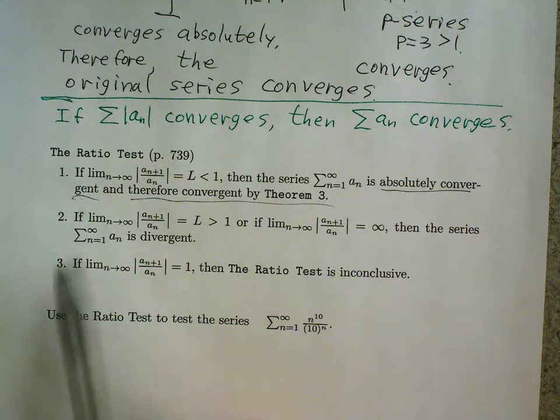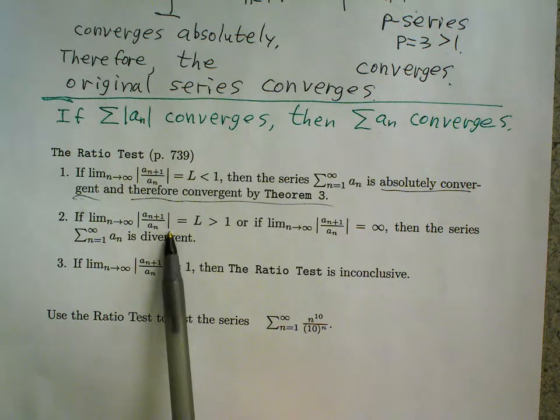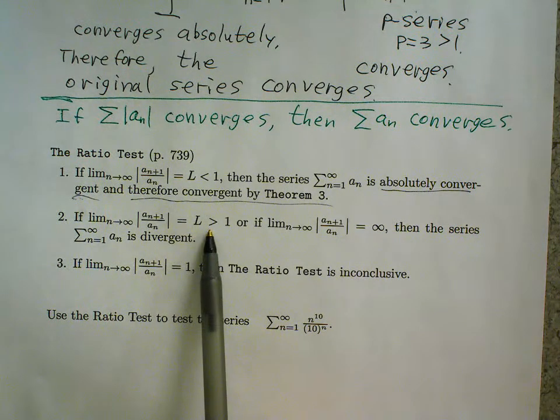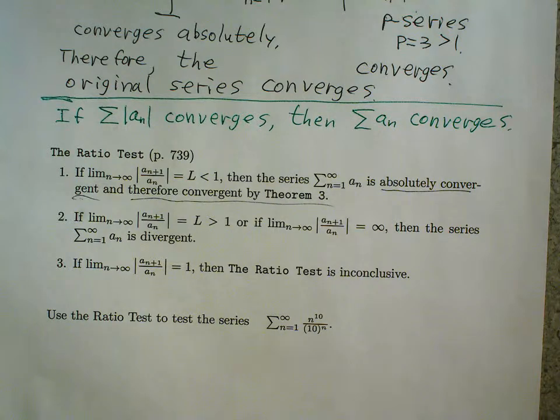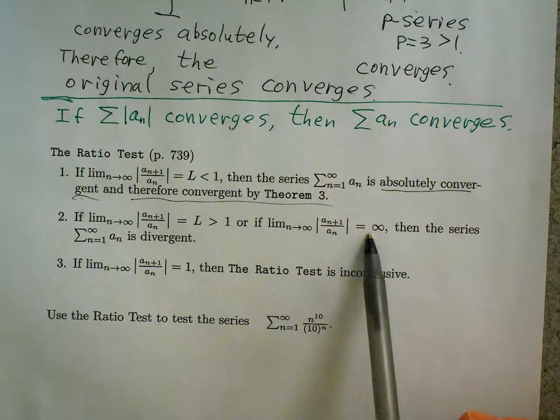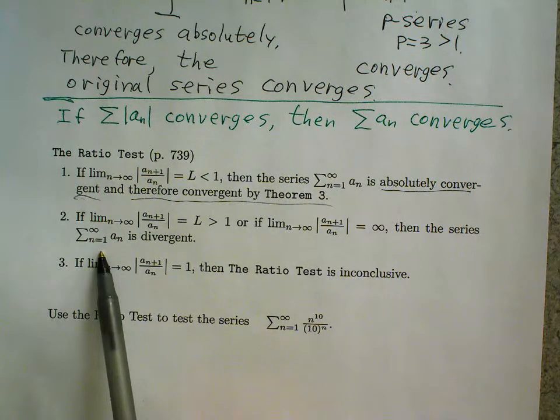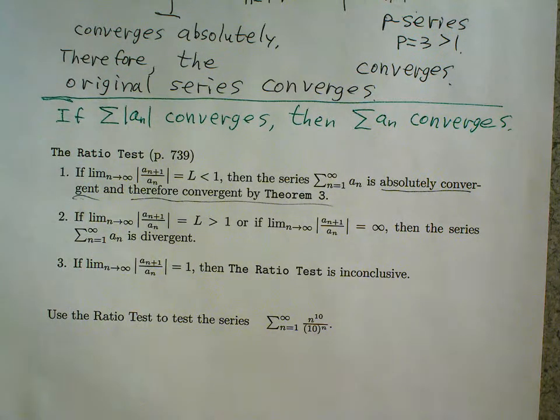Okay, in part 2, if the limit of the absolute value of a sub n plus 1 over a sub n is equal to L, which is greater than 1, or if that limit is equal to infinity, then the series of the a sub n terms is divergent.